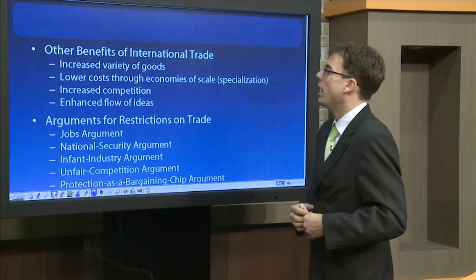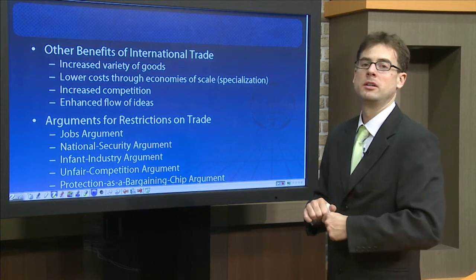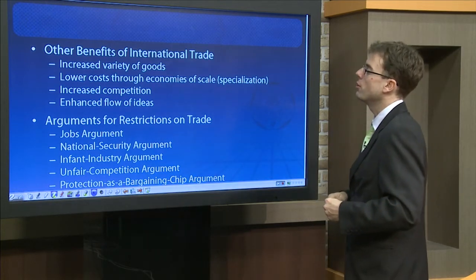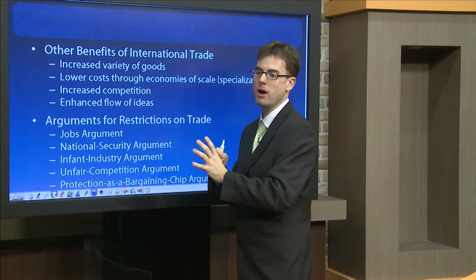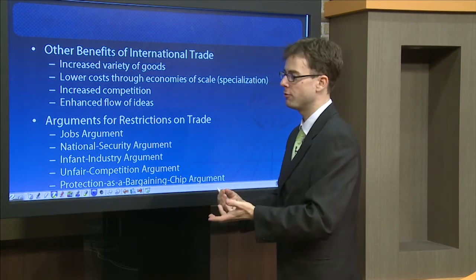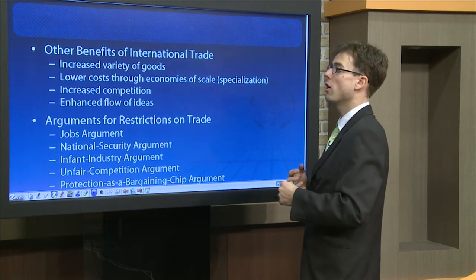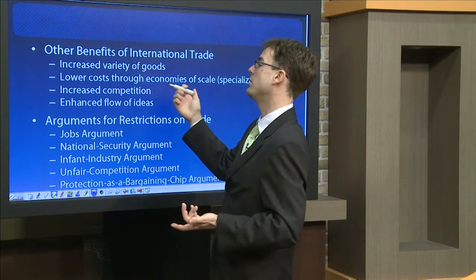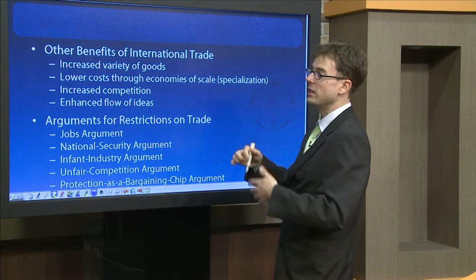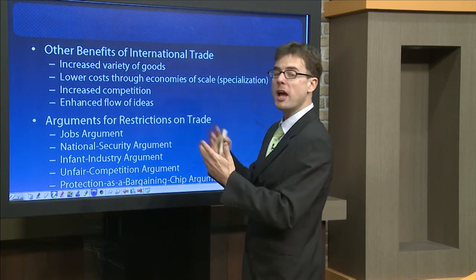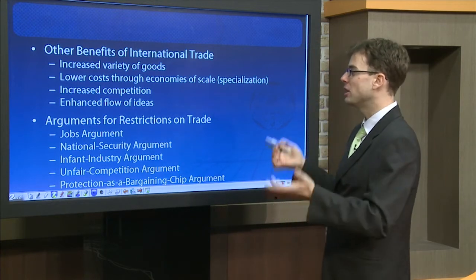And as a final thought on free trade, let's remember that in this discussion we only talked about monetary benefits that consumers and producers receive. We didn't talk about other sources of happiness, such as increased variety of goods. We assumed that the supply curve was constant, which means that production costs were unchanged.